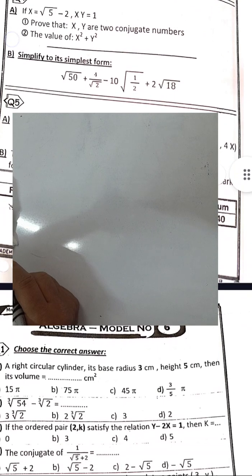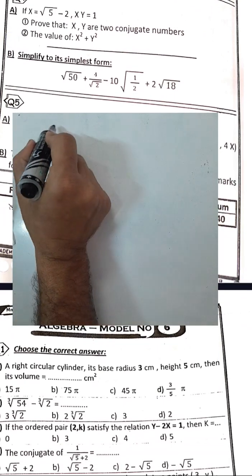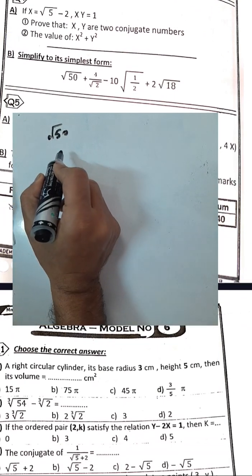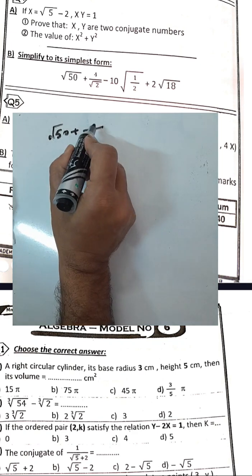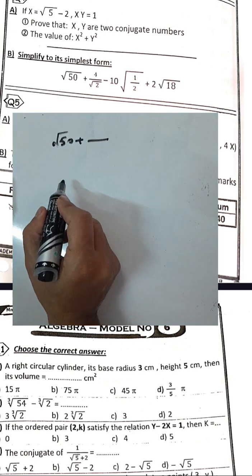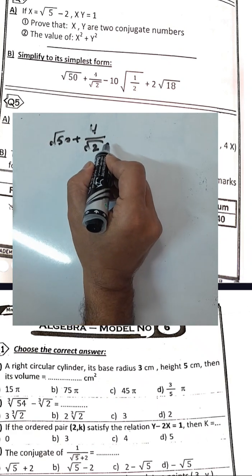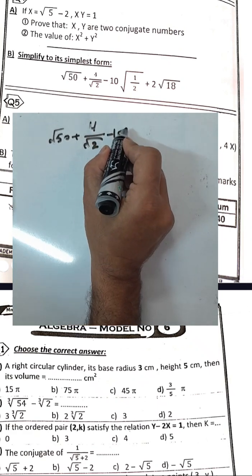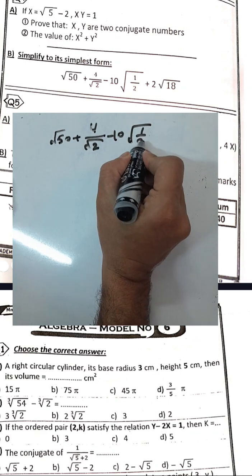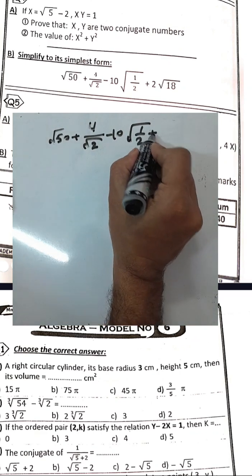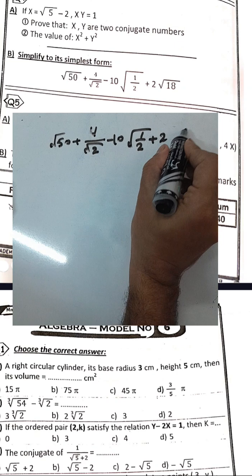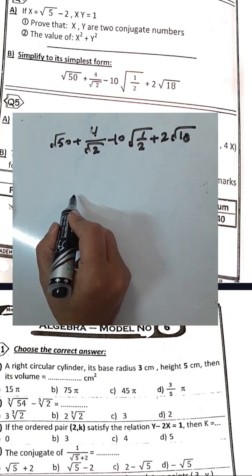Simplify to simplest form: root 50 plus 4 over root 2, subtract 10 root 1 over 2 plus 2 root 18. We can simplify it.